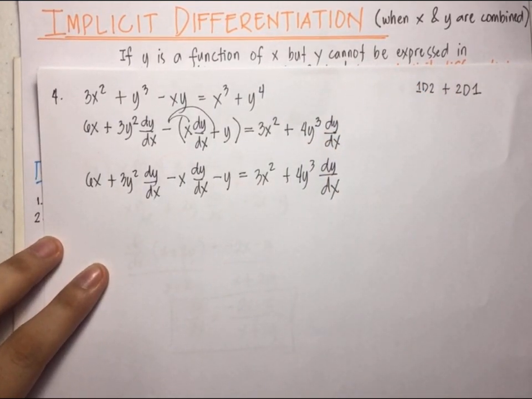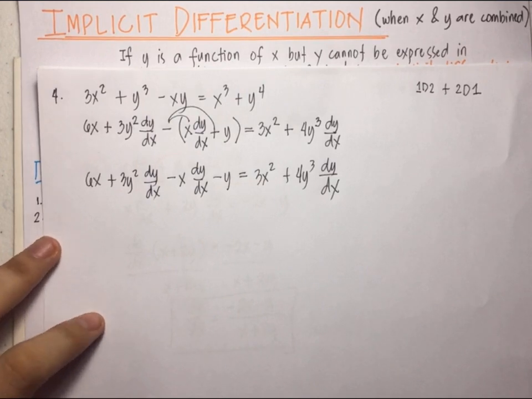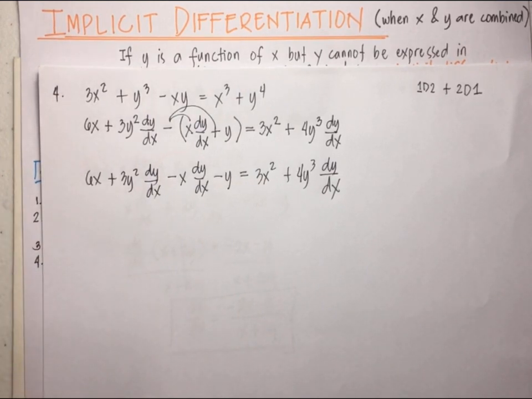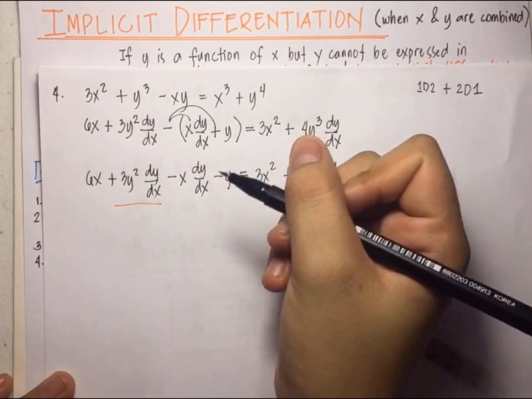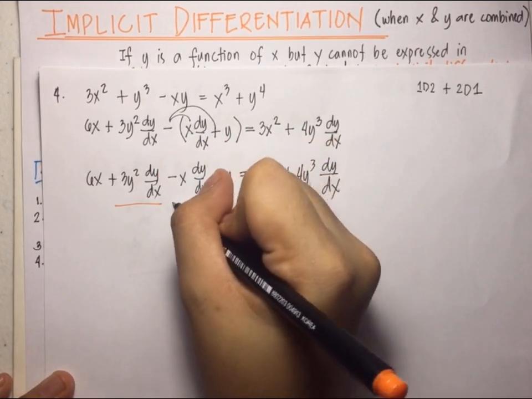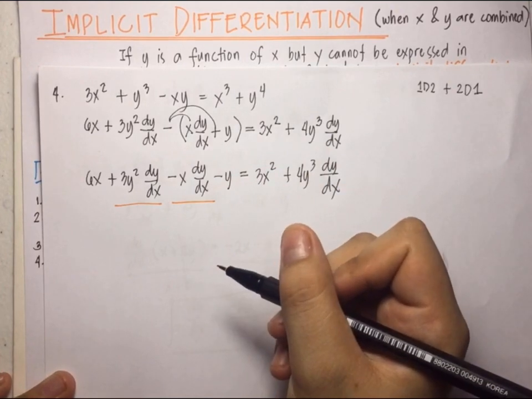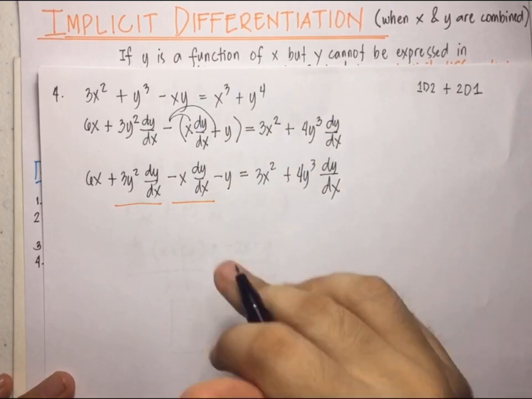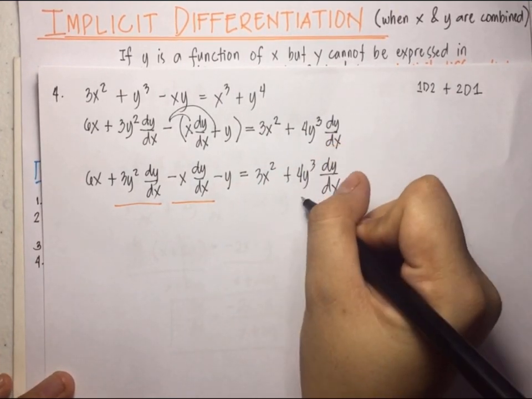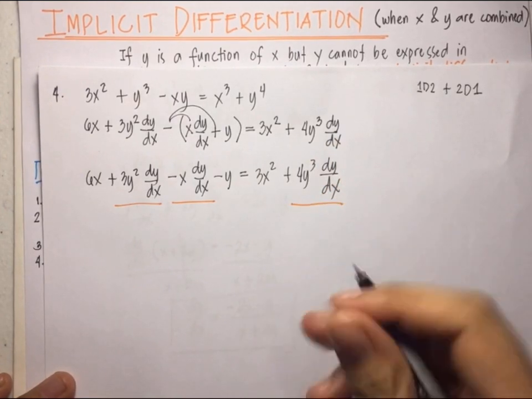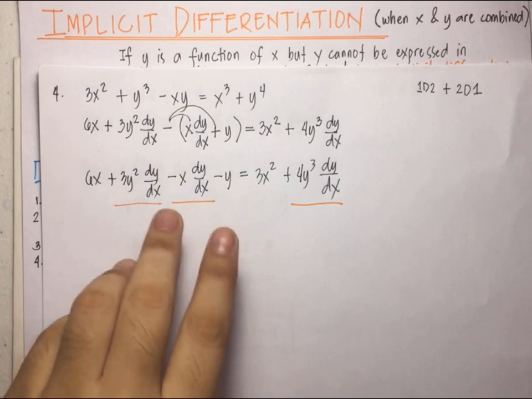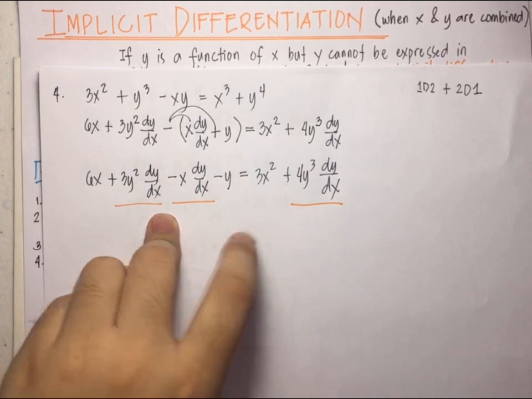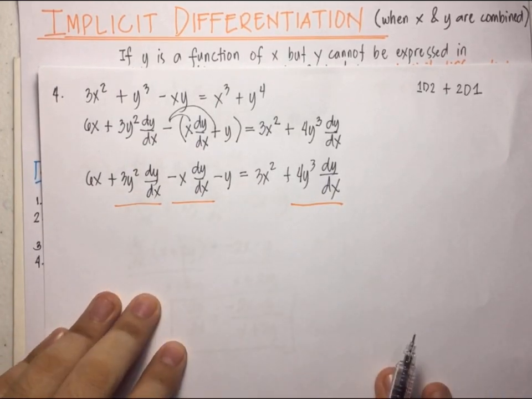Next, combine all terms containing dy over dx on the left side. On the left side, we have 3y squared dy over dx and minus x times dy over dx. And on the right side, we have in here 4y cubed times dy over dx. So we must combine these three terms on the left side of the equation.